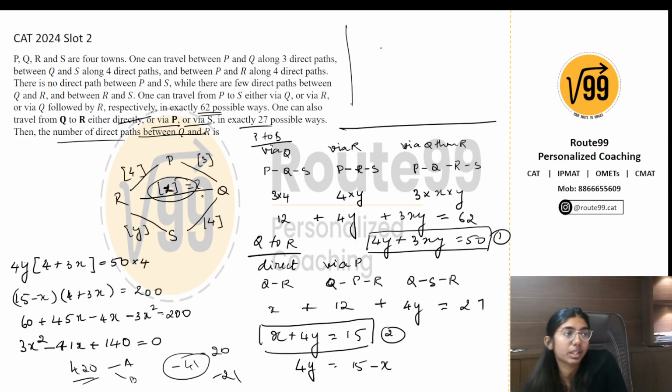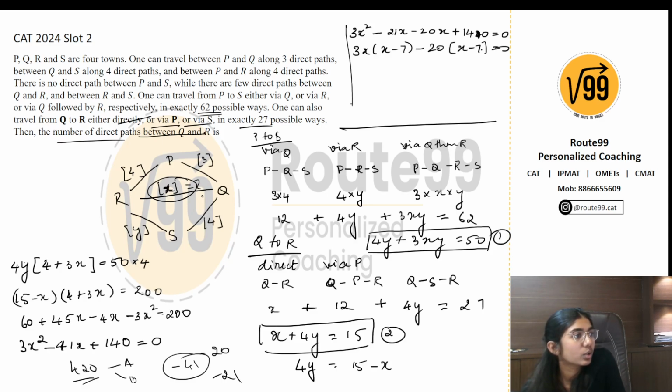So how can I split now? 3X square minus 21X minus 20X plus 140 equal to 0. Let's take 3X common: 3X into X minus 7, minus 20 common, X minus 7, equal to 0.